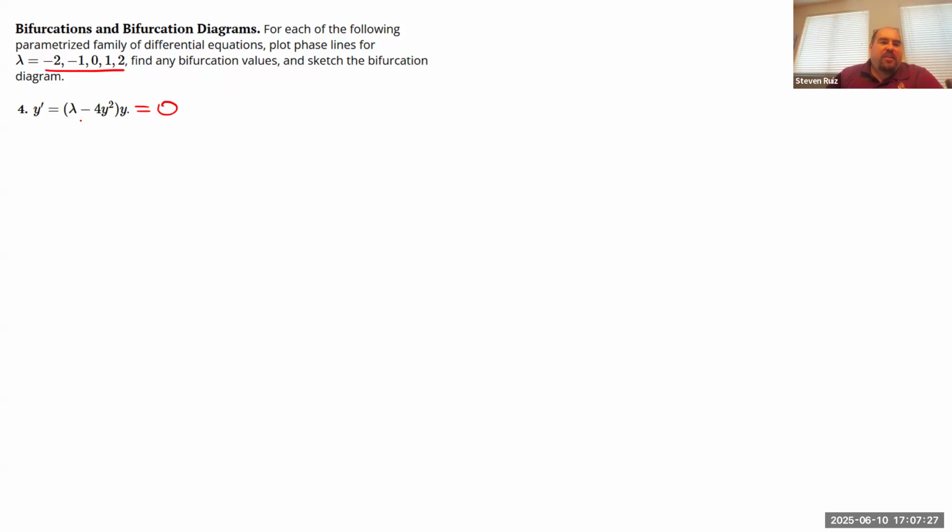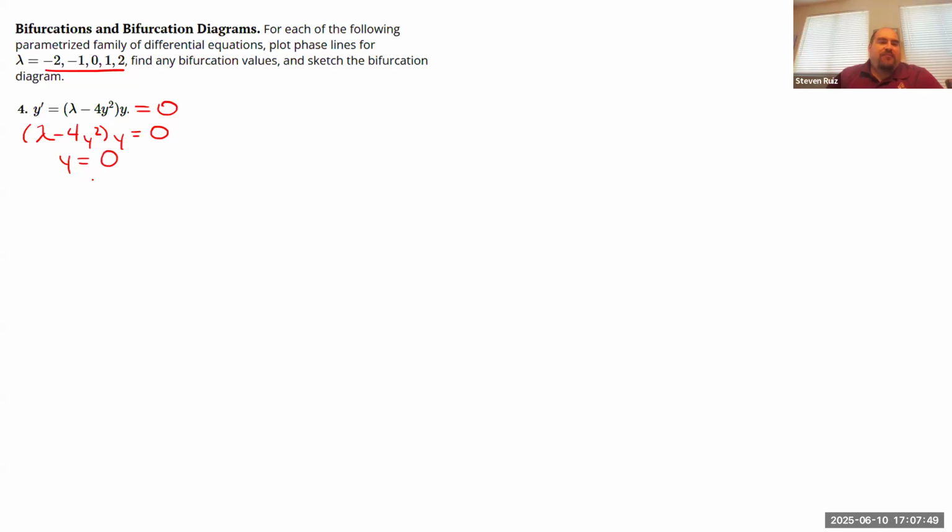If I set this differential equation equal to 0, which is what gives me equilibrium, then I have, I'll just rewrite it, lambda minus 4y squared times y equals 0. So I have two factors that when multiplied together equal 0, which means I can set them equal to 0 independently and solve them.